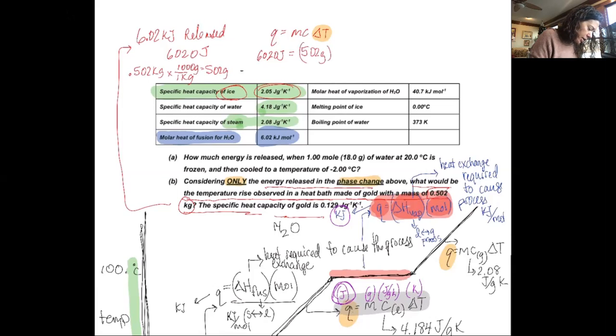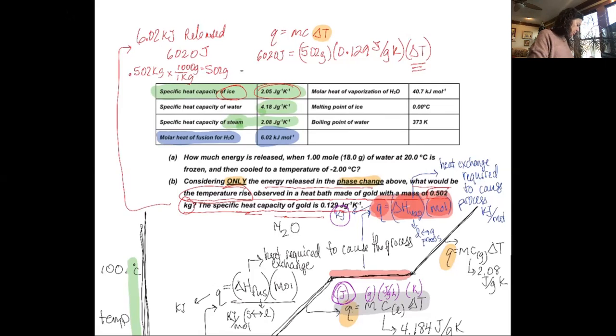We know that the specific heat of gold is 0.129 joules per gram Kelvin. And they are asking us how much the temperature will rise. So whatever we get here will be how much it's going to go up.